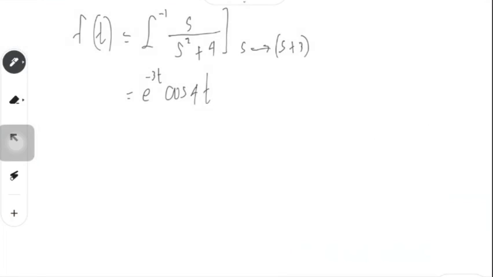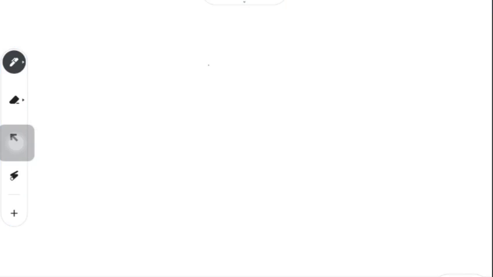Bibigay ko sanang exam ito kaya lang madali nyo nang mariresearch pagka ganun. Halimbawa, ganito. Given a function of t is equal to the inverse Laplace transform of 5s minus 8 over s squared minus 4s.